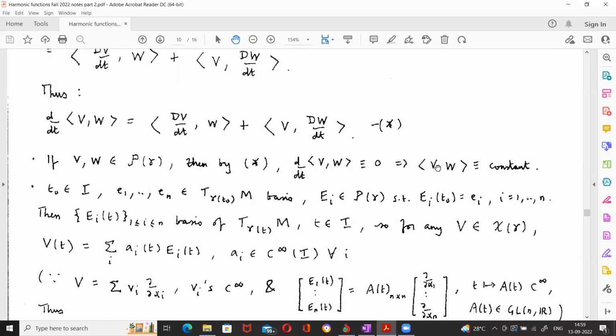Because their inner products will be constant. So if they're orthonormal at one point, they'll be orthonormal at all points. Then I'll get what's called an orthonormal frame along the curve, right? But to get that, we had to do this calculation, the d/dt of the inner product of V and W. It's not immediate, is all I'm saying, right?